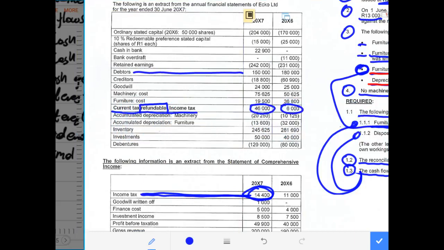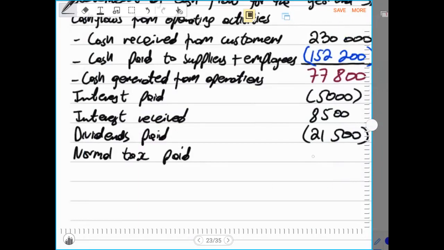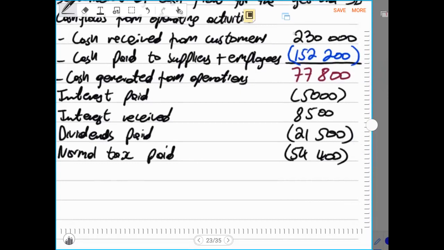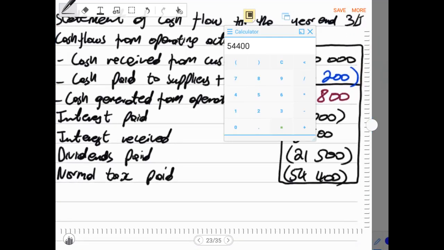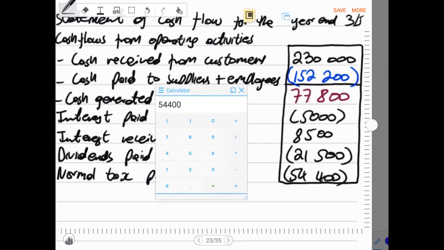So now we go and record that 54,400 as negative, because taxation was paid out to SARS. Then from here we can draw the line for the calculation of the total cash flow from operating activities.